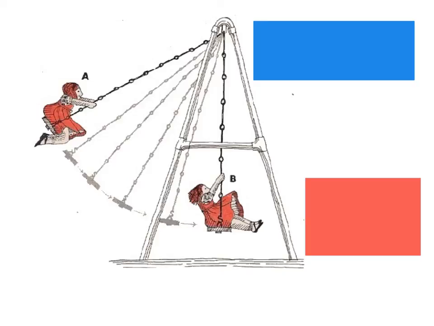An object has the most potential energy at its highest point. So up here, the swing would have 100% potential energy. So where is it that the swing would have the most kinetic energy? Great job. Down here, the swing has 100% kinetic energy because it's at its lowest point.